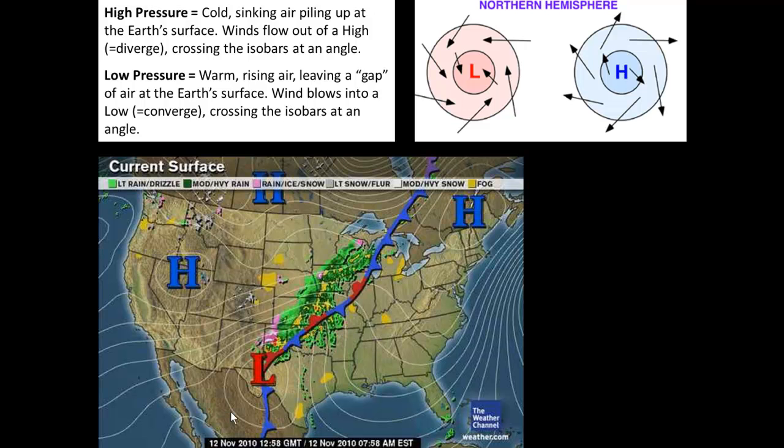So what's the wind direction on this particular day, November 12th, 2010? Well, oops. There we are. Sorry about that. Right? Well, winds have to blow down the pressure gradient, crossing the isobars at an angle. Winds have to blow into the low pressure area, crossing the isobars at an angle.